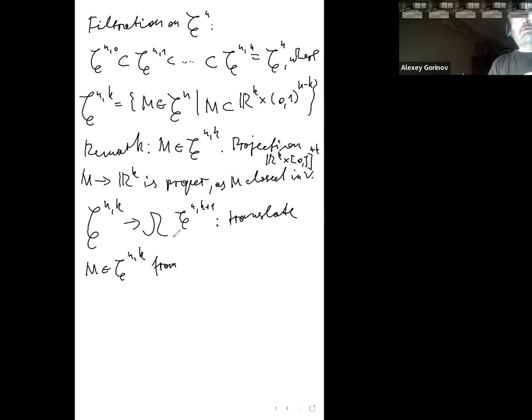And when I don't mention the base point, it is the empty set.